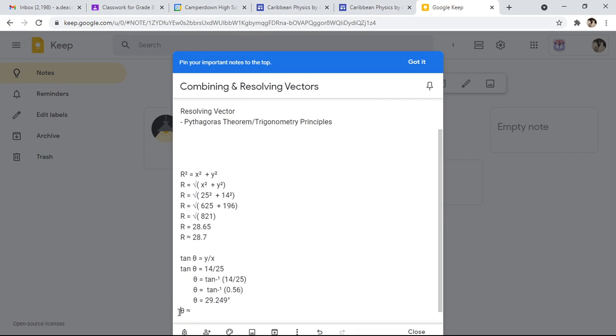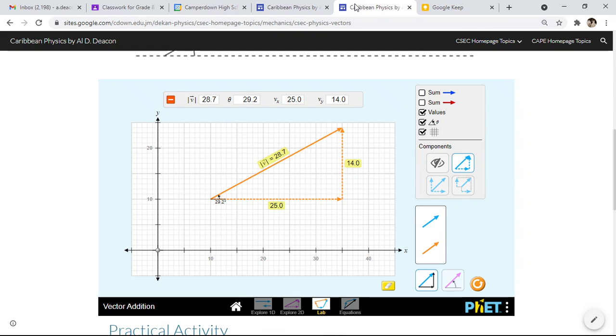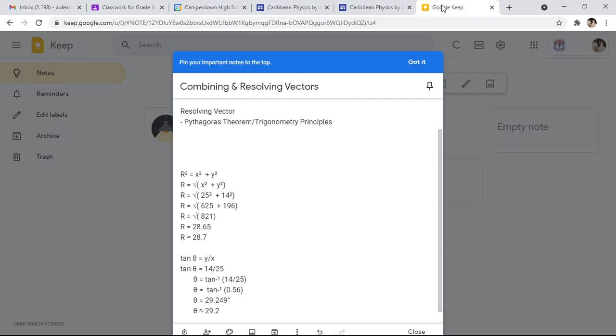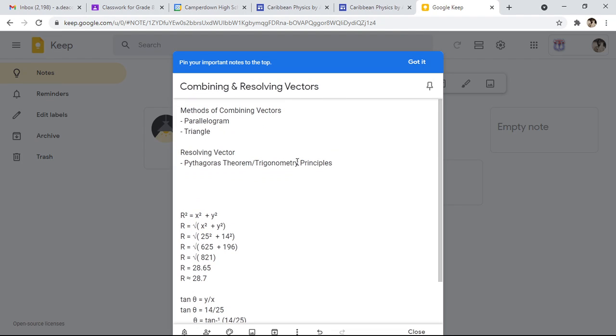So therefore I can say it is approximately 29.2 degrees when we round it off. See it? Nothing hard, nothing hard. So that's the Pythagoras theorem using trigonometry.